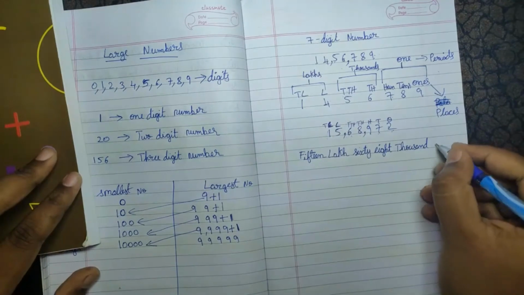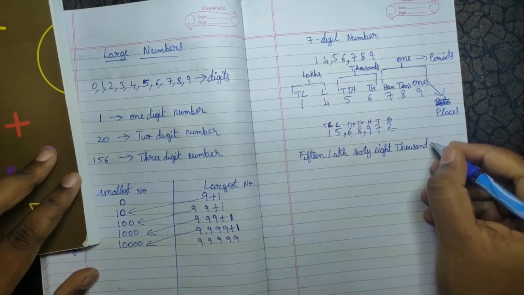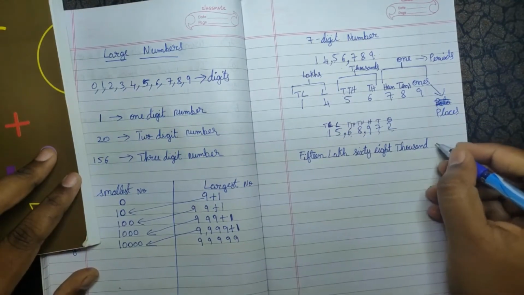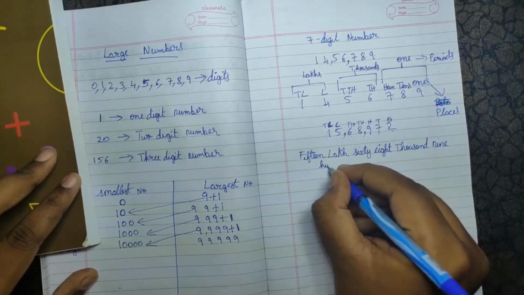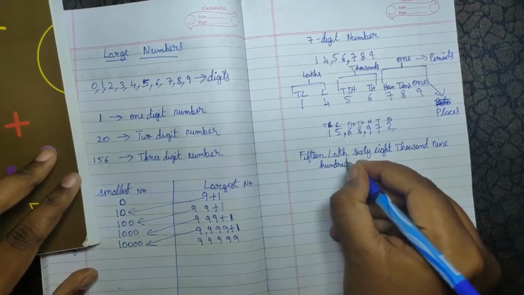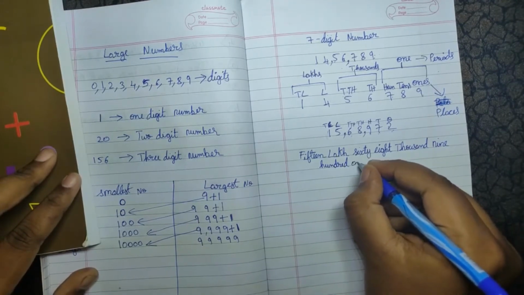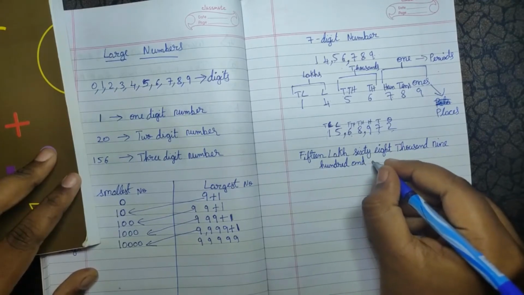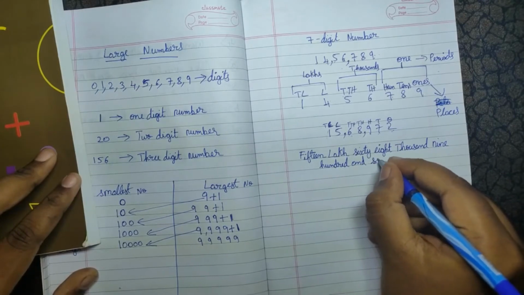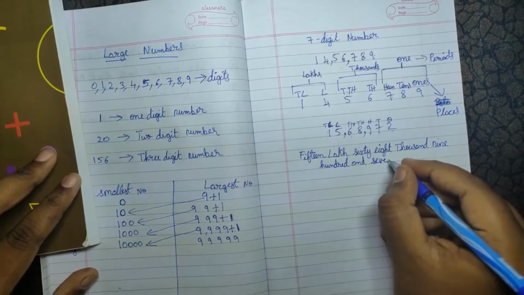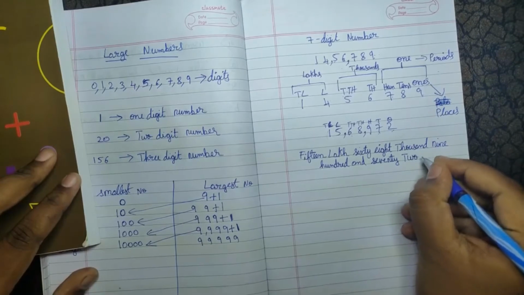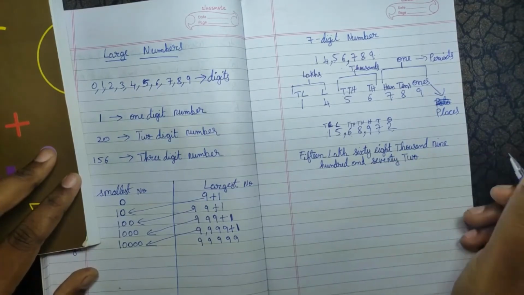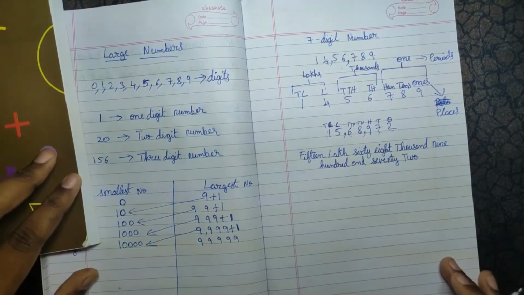So I will write 972. Okay, 972. This is how you write in the word form.